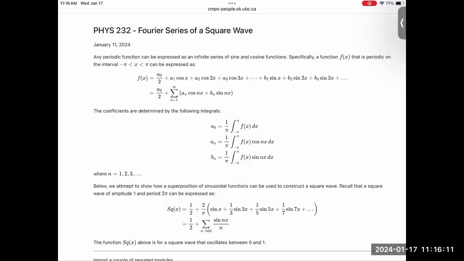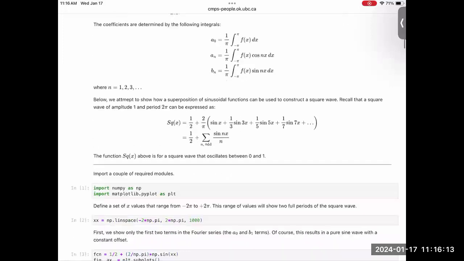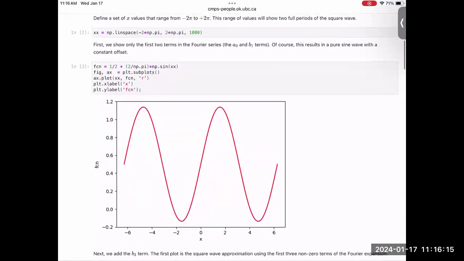And that's obviously not going to look like a square wave. But let's just plot it and we'll see how this plot evolves as we include more and more terms in our Fourier series. Okay, and so here it is, 1/2 plus 2 over pi times sine x, and it's just a sine wave, that's all it is.